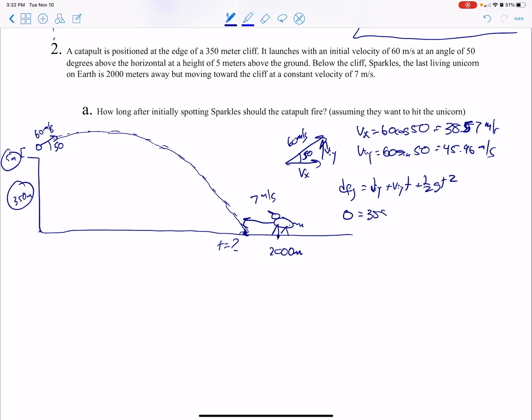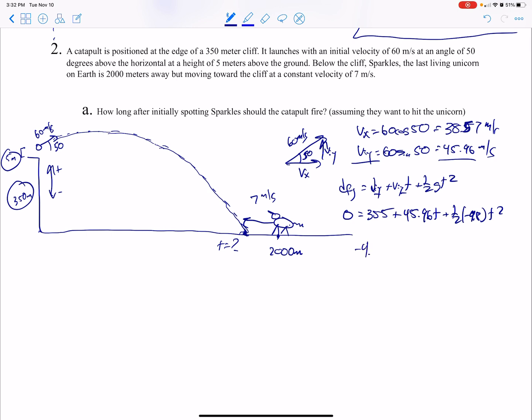So 355 plus, now the v_y, remember this formula has to be in the y direction, is going to be 45.96 t plus 1/2 times negative 9.8 t squared, because in my reference frame, positive goes up, negative goes down. You can tell the positive goes up because I said the y direction was initially positive. So that's how you can tell.